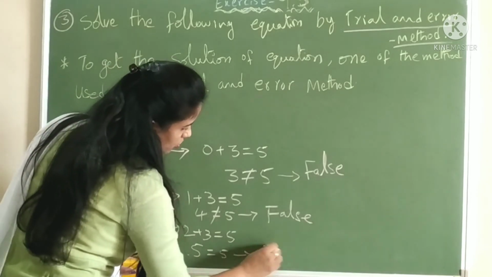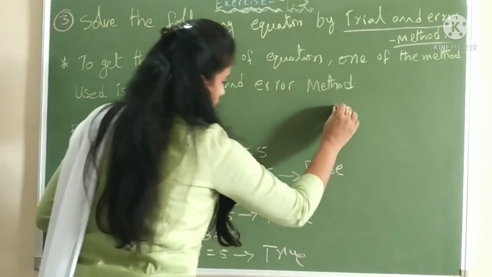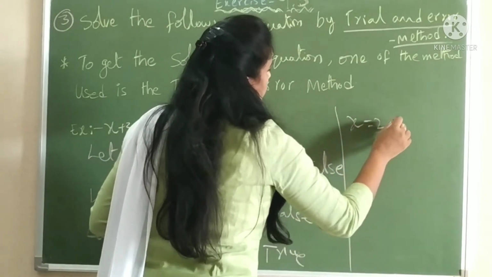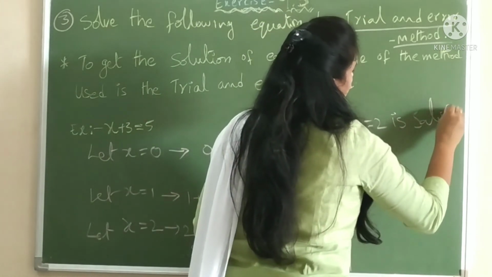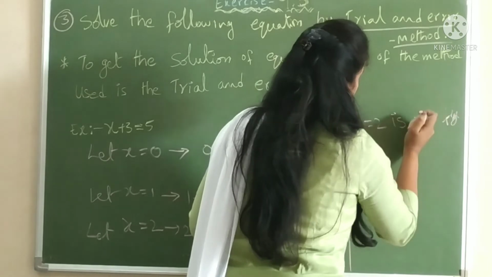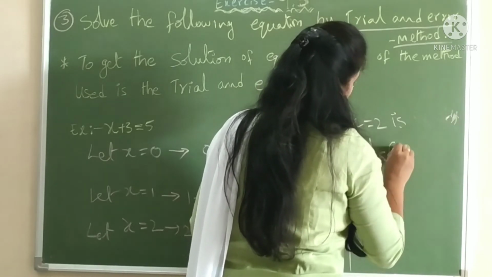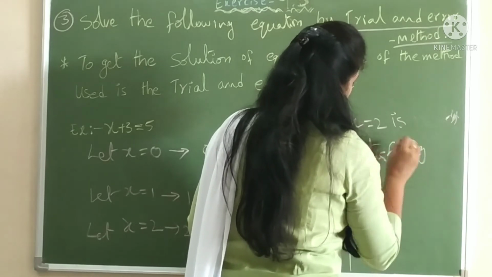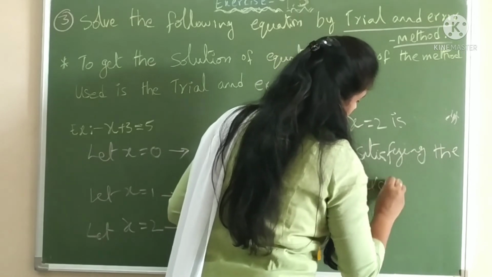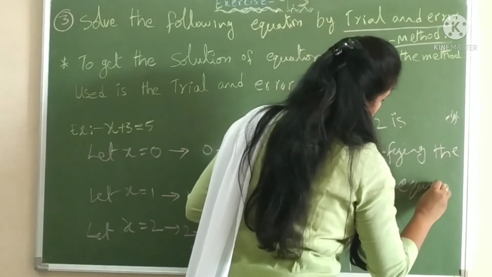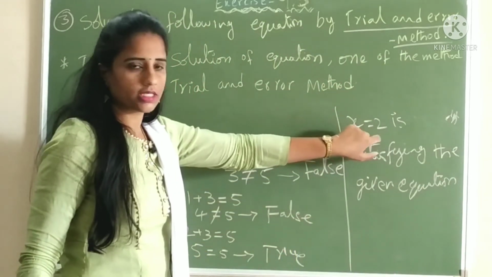This is true. Therefore x is equal to 2 is satisfying the given equation. So x is equal to 2 is correct.